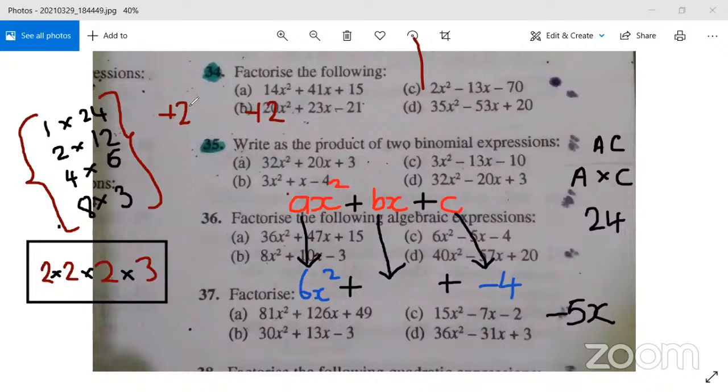We just want to find out what happens when we have plus 2 and minus 12, or positive 12 and minus 2, right? Now, oftentimes when you have two negatives in this way, typically the larger number of the two is the negative one, right? That's usually how it goes.